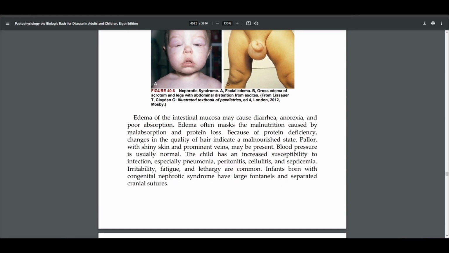Edema in the interstitial mucosa may cause diarrhea, anorexia, and poor absorption. Edema often masks the malnutrition caused by the malabsorption and protein loss. Because of protein deficiency, changes in the quality of hair indicate a malnourished state. Pallor with shiny skin and prominent veins may be present.